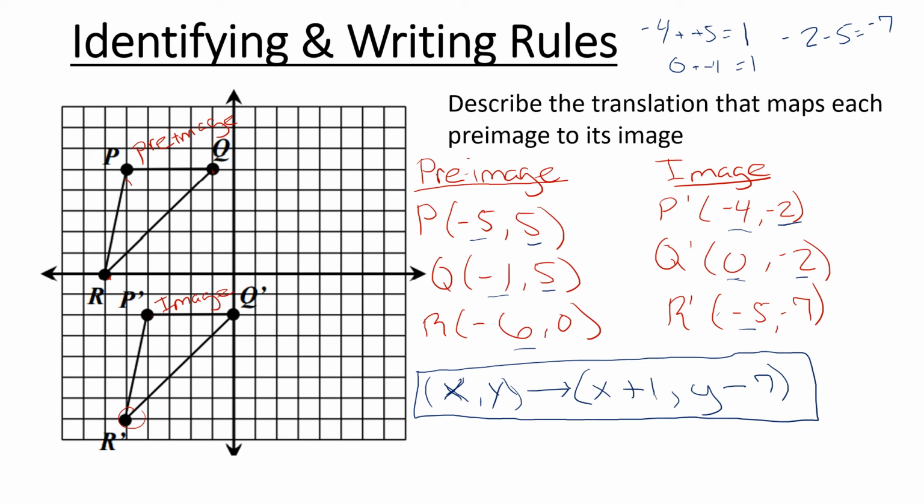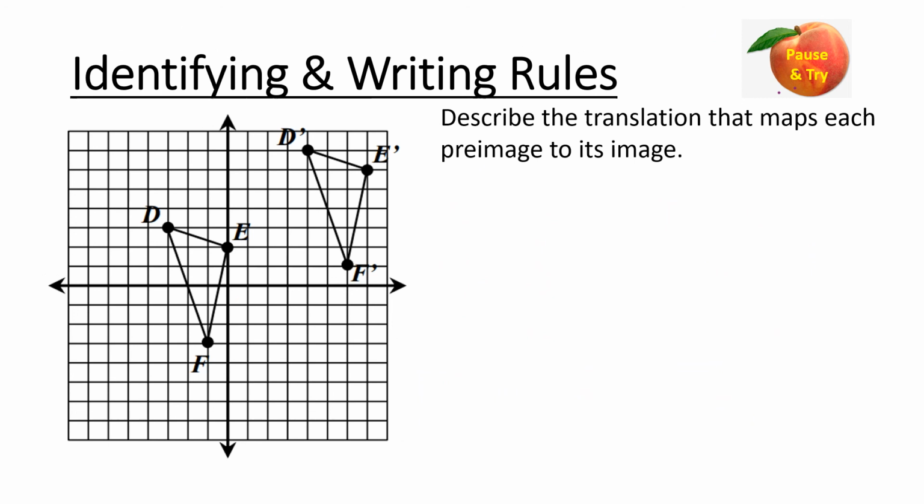And as you can see here, each x value increased by 1, each y value decreased by 7. All right. So on the next slide, which is this one right here, I would like for you to try writing this rule on your own. Describe the translation that maps each pre-image to its image. Go ahead and pause the video and try it out on your own.